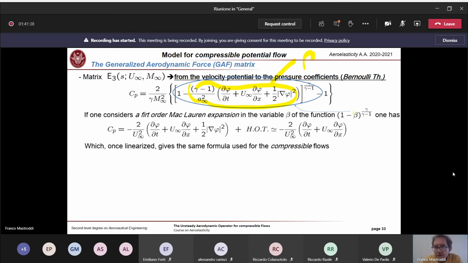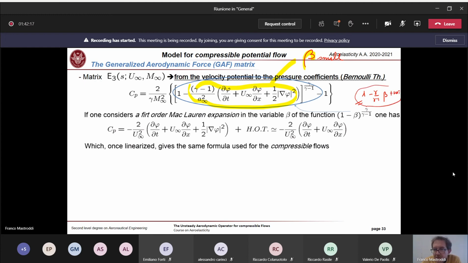If you expand this function as a function of beta and you consider beta as a small perturbation of your problem, for beta equal to 0 you have 1, and then take the derivative and you have plus minus gamma on gamma minus 1 by beta plus higher order terms.